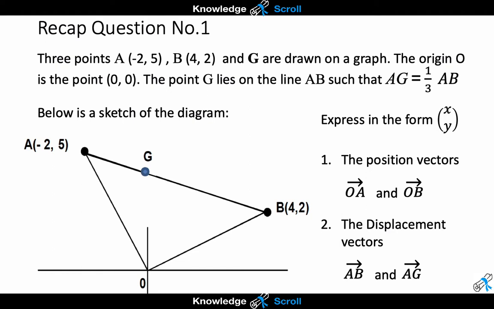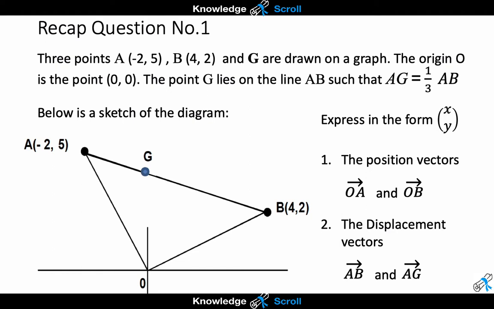So in our first question it says the 3 points A, B, and G are drawn on a graph. Now the question gives me points A as (-2, 5) and B as (4, 2). It says the origin O is the point (0, 0) and the point G lies on the line AB such that AG is 1/3 of AB.